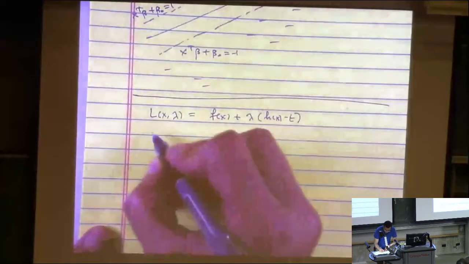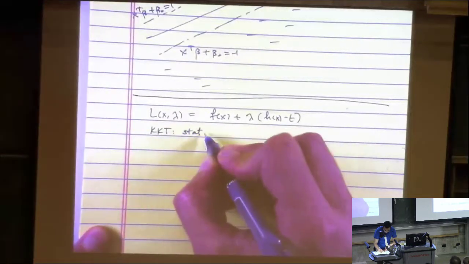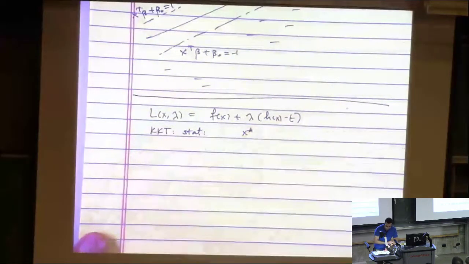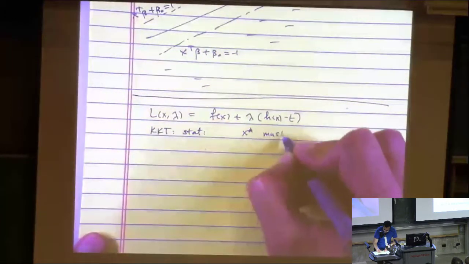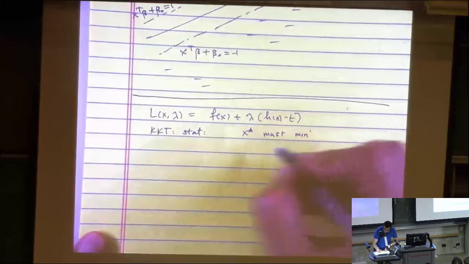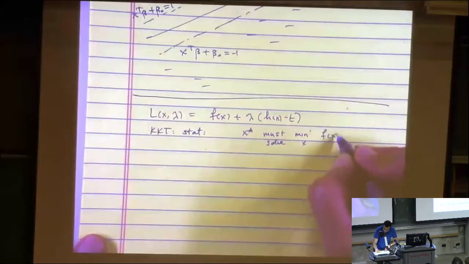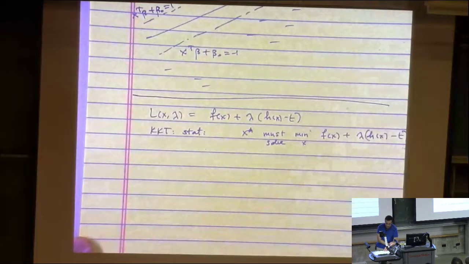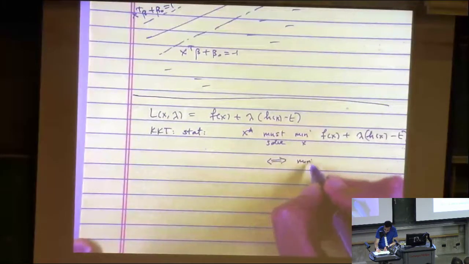And stationarity in the KKT conditions says that whatever the solution was to our original constrained form problem, call it x star, it must solve this problem: minimize over all x, f of x plus lambda times h of x minus t. This means it must minimize the Lagrangian. That's just stationarity. Equivalently, it must solve this problem.